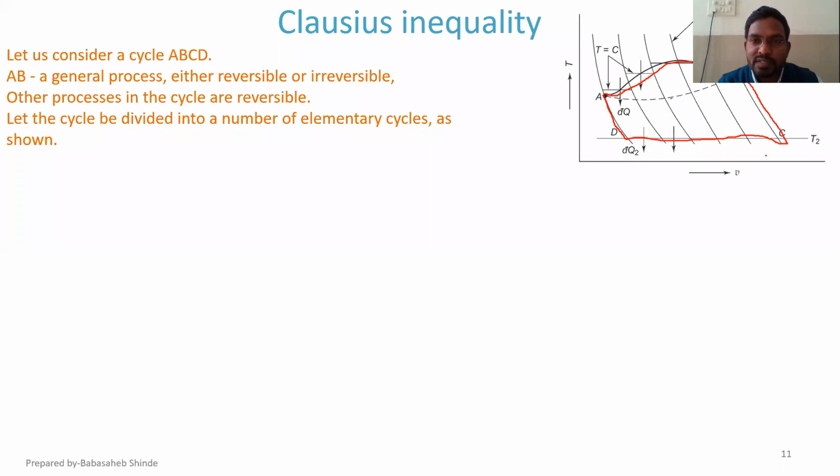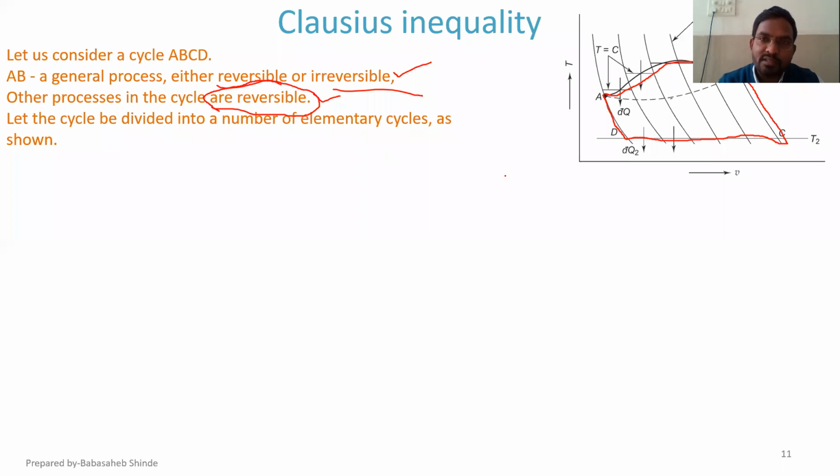Out of those 4 stages, AB is any random process. We don't know whether it is reversible or irreversible, so that is one general process. BC, CD, and DA are all reversible processes. We are completely unaware of AB, whereas the remaining 3 stages are reversible.